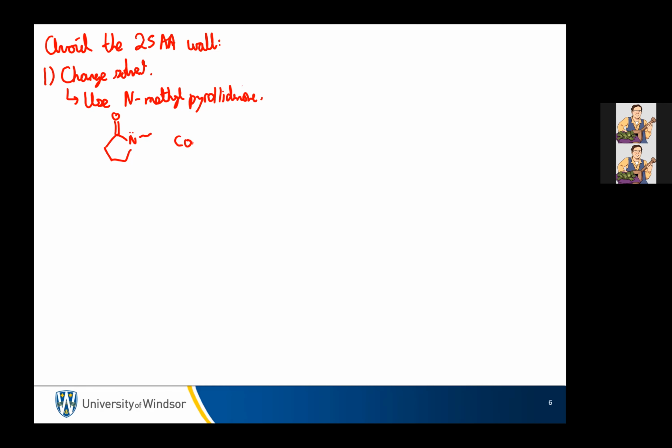Compare with DMF, also abbreviated NMP. They're pretty similar solvents. They're both amides with no hydrogens on the nitrogen and on carbon oxygen bond.